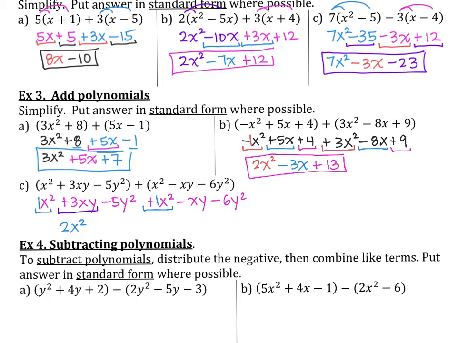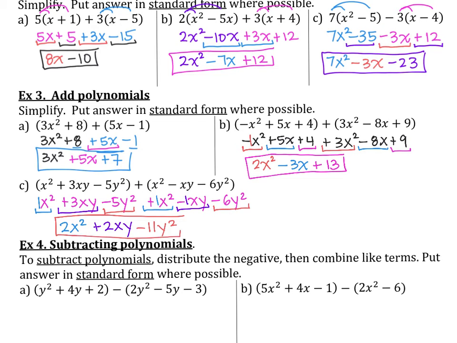So 3xy, here's another xy. This is like a 1. So 3xy minus 1xy leaves me with 2xy's. And then I have negative 5y squared, negative 6y squared. So negative 5 minus 6, negative 11. And they stay as y squared.